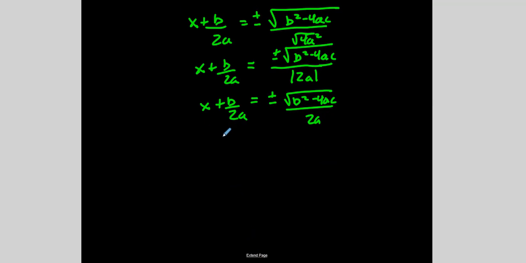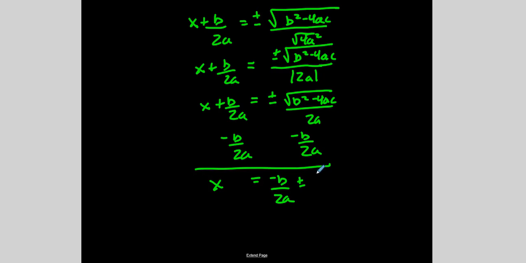So now solving for x, I subtract b over 2a from both sides, and I get x equals, I'm going to put this first, negative b over 2a plus or minus the square root of b squared minus 4ac all over 2a.